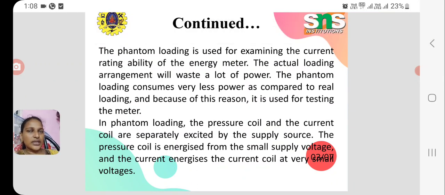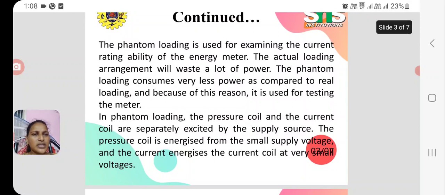Using the direct testing method, we connect the current coil and pressure coil to the supply side from the same supply, and hence both will be operating at their rated voltage and current. But the problem is that a lot of power is wasted because this is an actual loading arrangement.